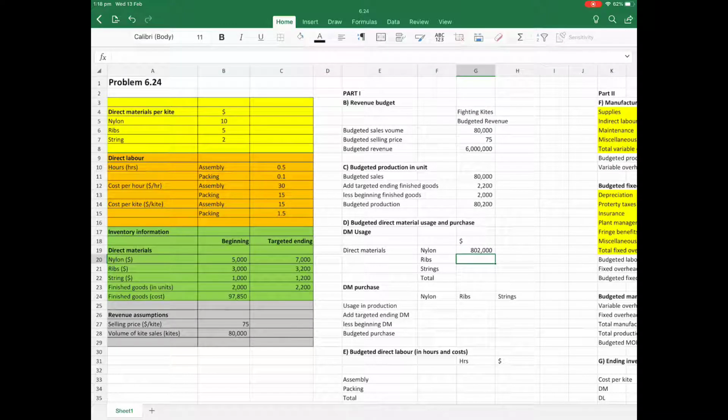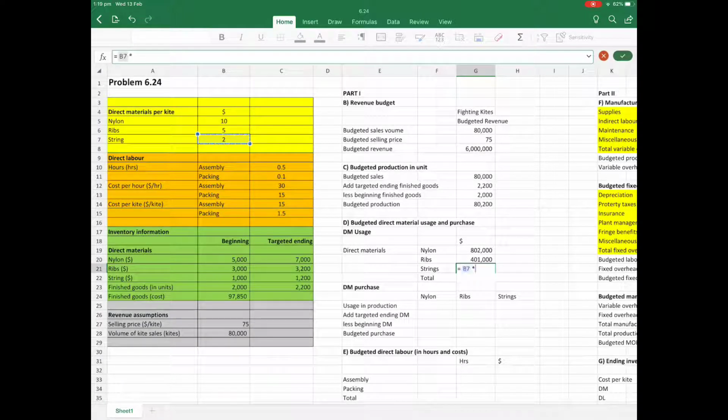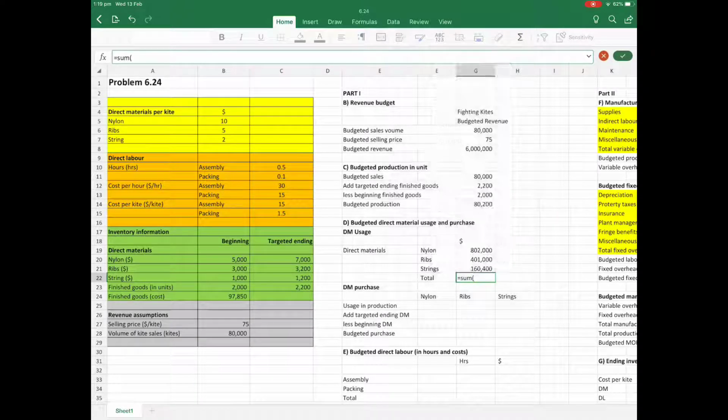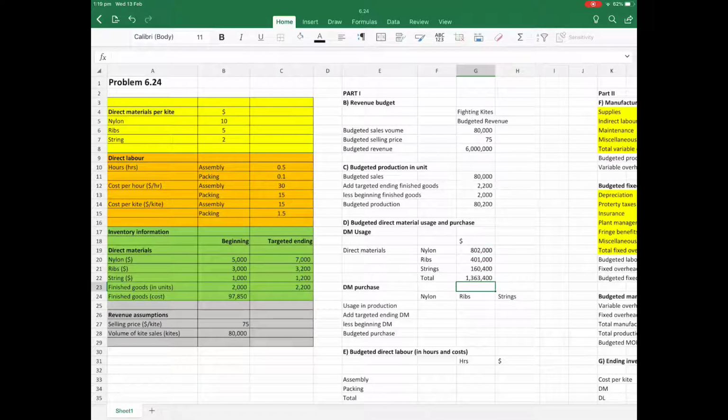So that is the amount we will spend on nylon. Similarly, ribs, $5 per kite times the number of kites we produce. Similarly, strings times this. So here we can have the sum, which is the total direct material usage cost.